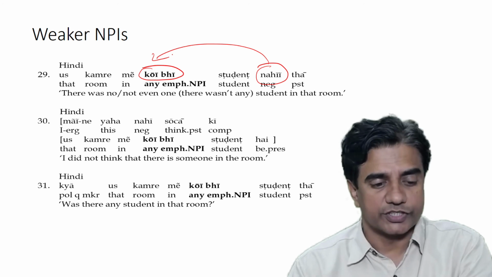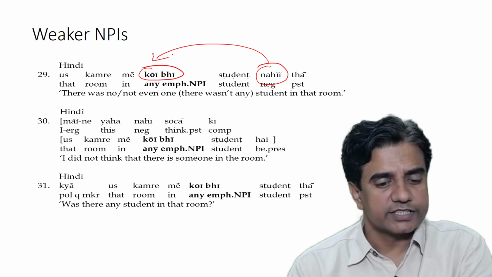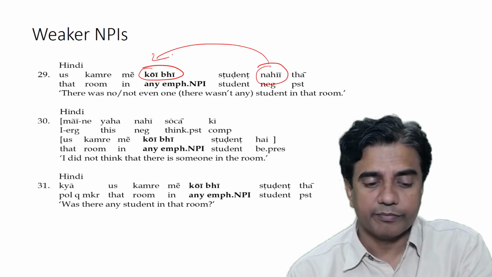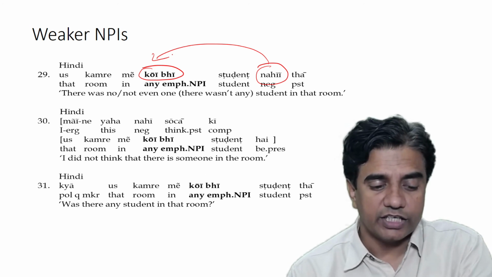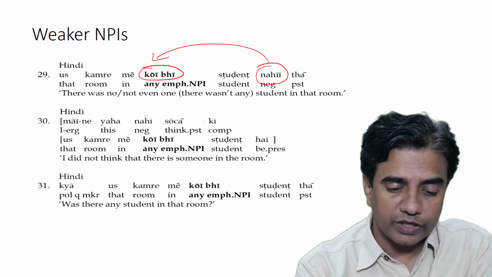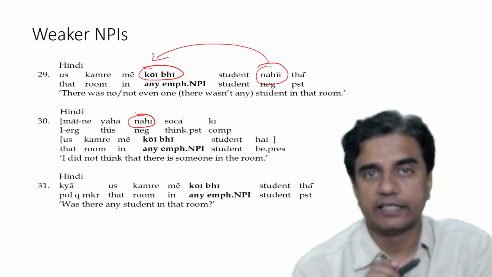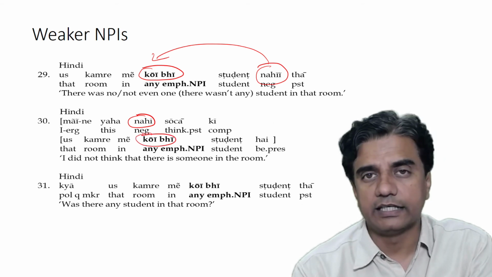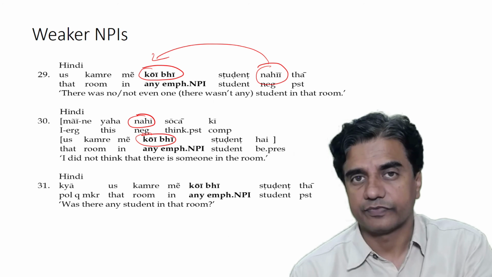two different clauses. Let's look at sentence 30. मैंने यह नहीं सोचा कि उस कमरे में कोई भी स्टूडेंट है. Now, nahi occurs in a different clause and koi bhi occurs in yet another clause.